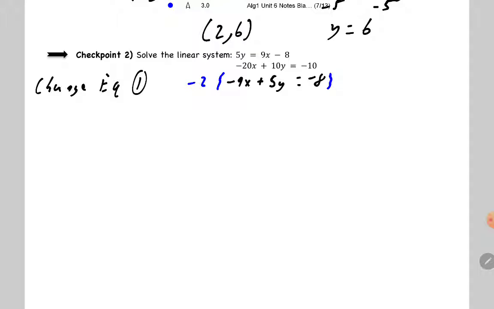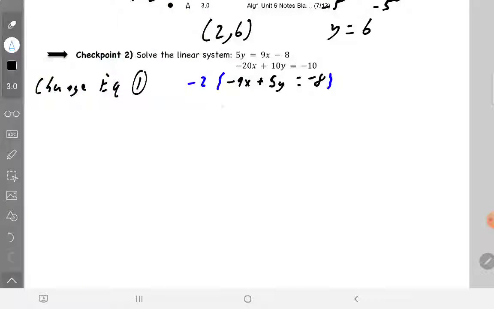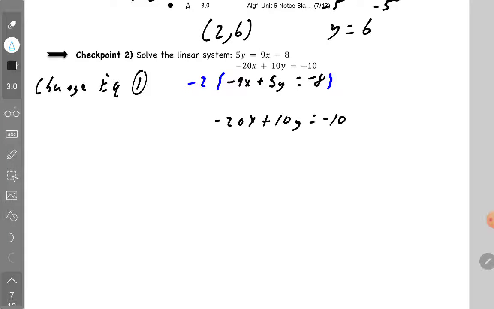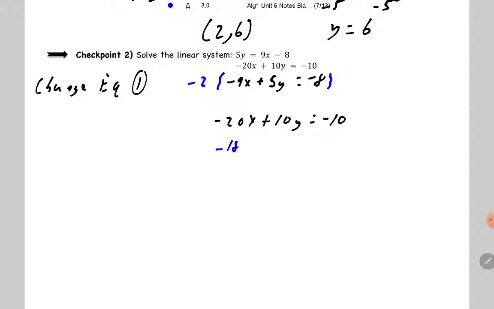Okay, so I'm going to rewrite the second equation, which is negative 20x plus 10y equals negative 10. And then let's rewrite the blue one: negative 18x minus 10y equals positive 16. Negative times a negative is a positive, so this is actually a positive 18x as well.